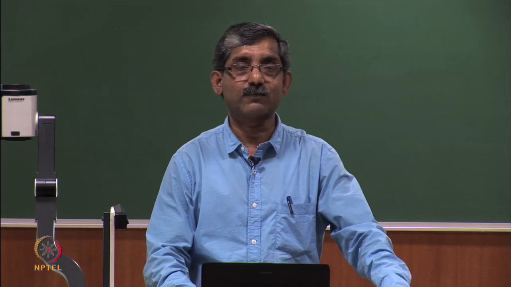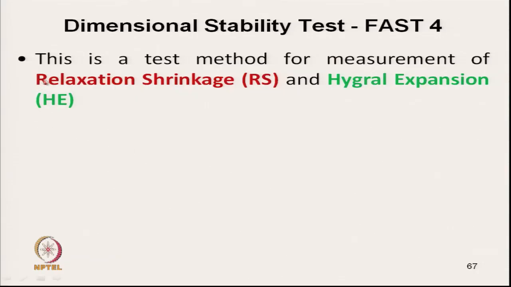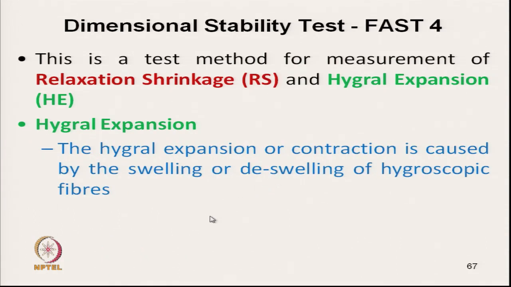So, that creates a problem. We must measure the relaxation shrinkage. This is the test method for measurement of relaxation shrinkage and hygral expansion. The hygral expansion gives an idea about the expansion or contraction of the fabric due to swelling or deswelling of hygroscopic fiber.